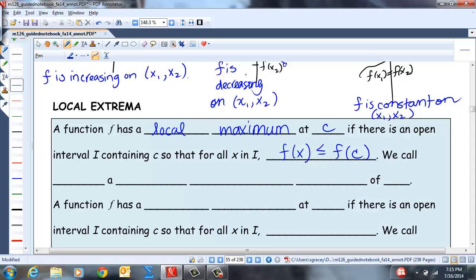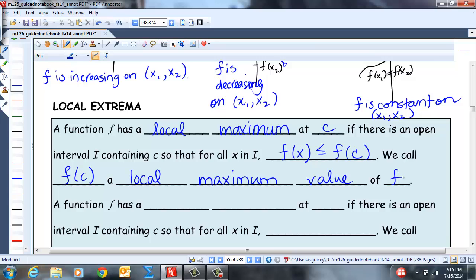We call f at c, the y value, a local maximum value of f.